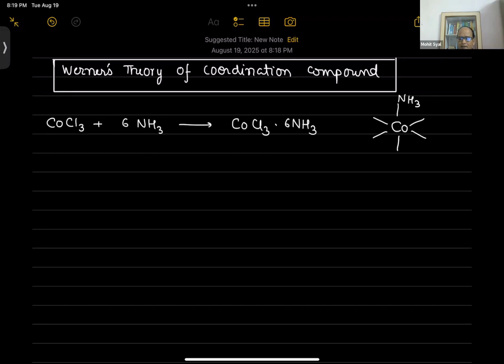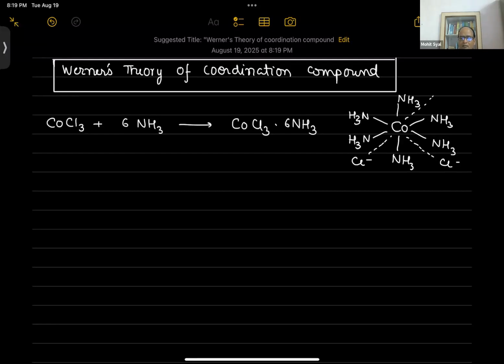There are 6 NH3 connected to the cobalt, and I'm connecting them with solid lines. And there are also 3 Cl minus. Those Cl minus were connected by dotted lines. Both are equal.